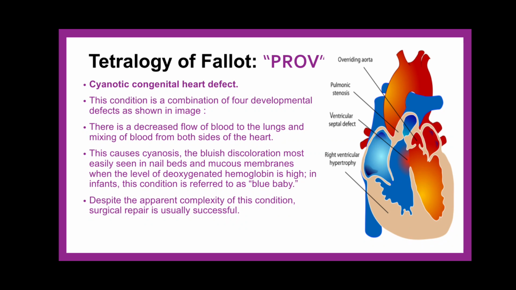Why overriding aorta? Because of the mixing of the deoxygenated blood and the oxygenated blood, and again because of the pulmonary stenosis, a high amount of mixed blood will go to the aorta and eventually to the body, and again cyanosis will arise.